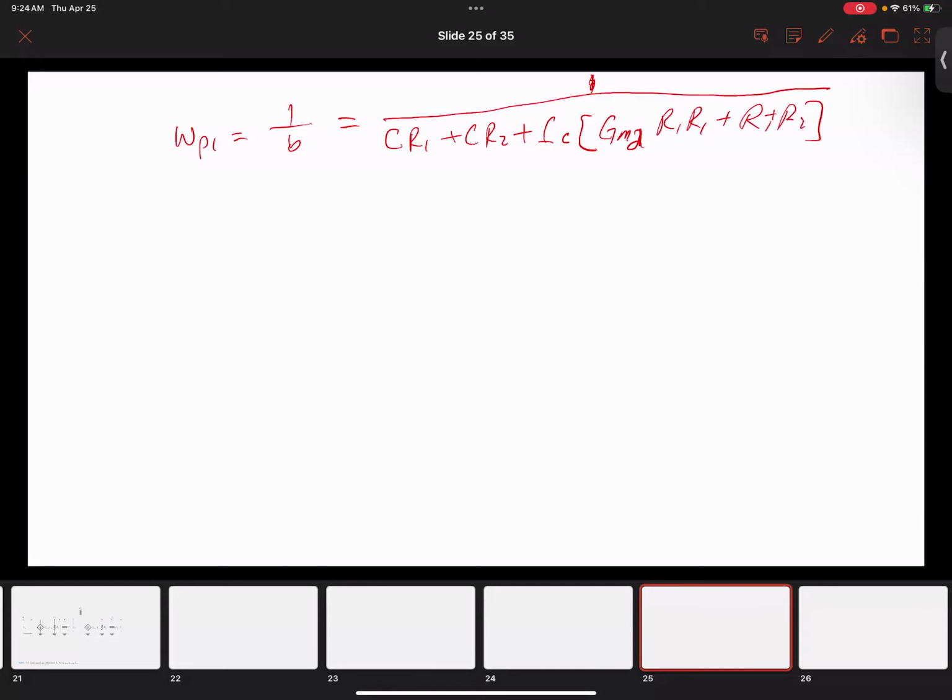And the reason we write this way is because R1 and R2 are much smaller than GM2 times R1 and R2. Why? Because you know that R1 is in the kilo ohms and R2 is in kilo ohms.